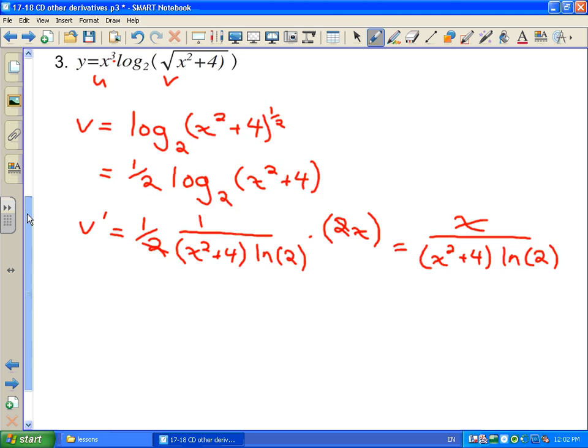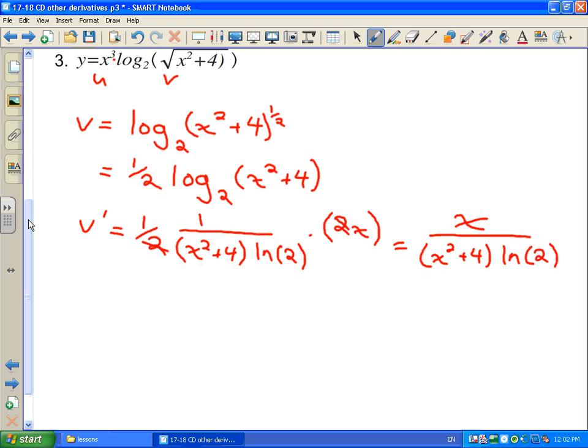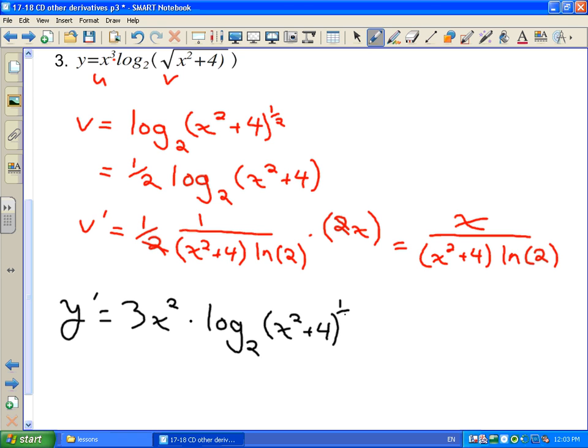So let's go back to our original function here and do our full derivative. So y primed is going to be u primed. So u is x cubed. So let's do 3x squared times v. Let's do log to the base 2 of, let's do x squared plus 4, again to the 1/2.